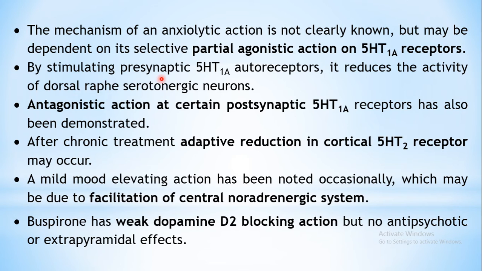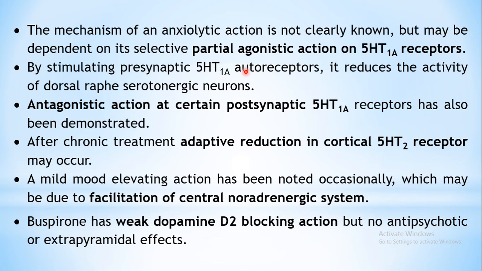By stimulating the presynaptic 5-HT1A autoreceptors, before the synapse in that neuron, it is reducing activity. Autoreceptor means these receptors act on the same system. These are serotonergic receptors, so they control their own functions, maybe release or stimulation of the neuron.